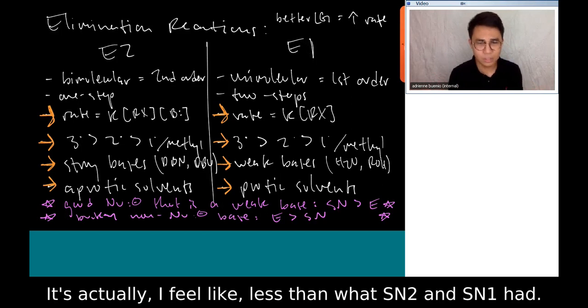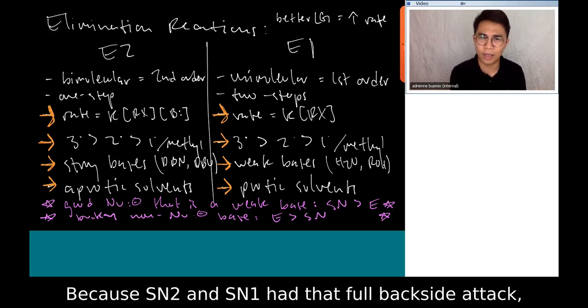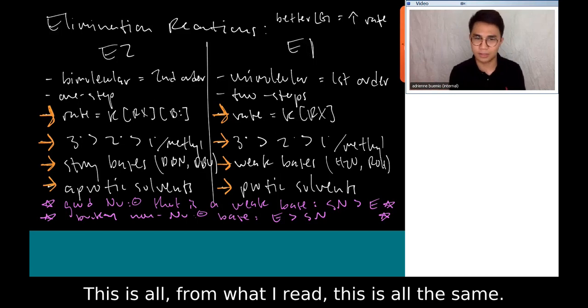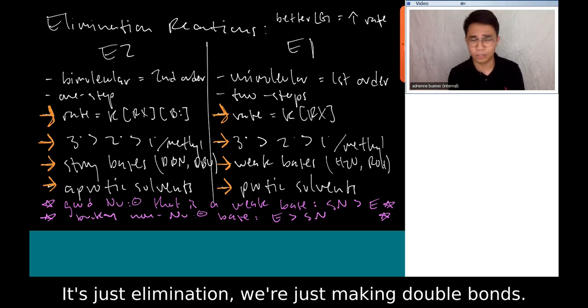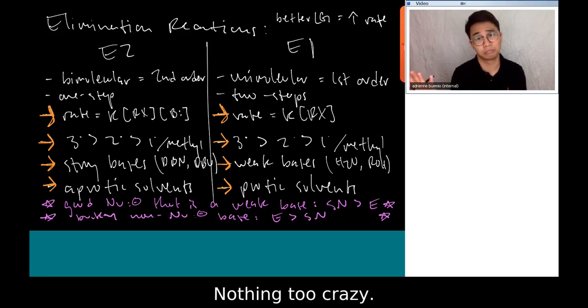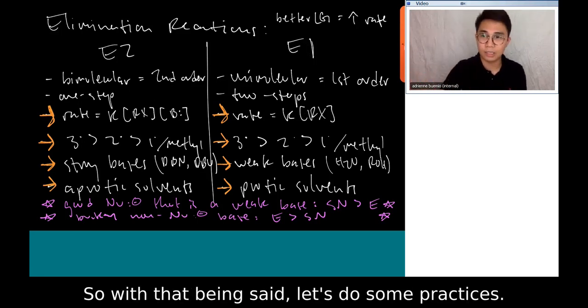It's actually less than what SN2 and SN1 had, because those had the full backside attack, frontside attack. This is all the same, because we're just making double bonds. So with that being said, let's do some practice.